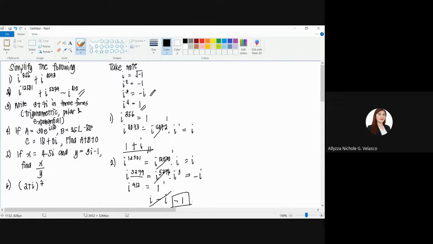Okay, so next let's proceed to number 3. Sabi sa number 3, isusulat lang daw po natin sa other different forms yung ating rectangular na 3 plus 7i. So again, paano natin to kinukuha yung polar form muna niya? You should identify syempre yung value muna ng r and value ng ating theta.